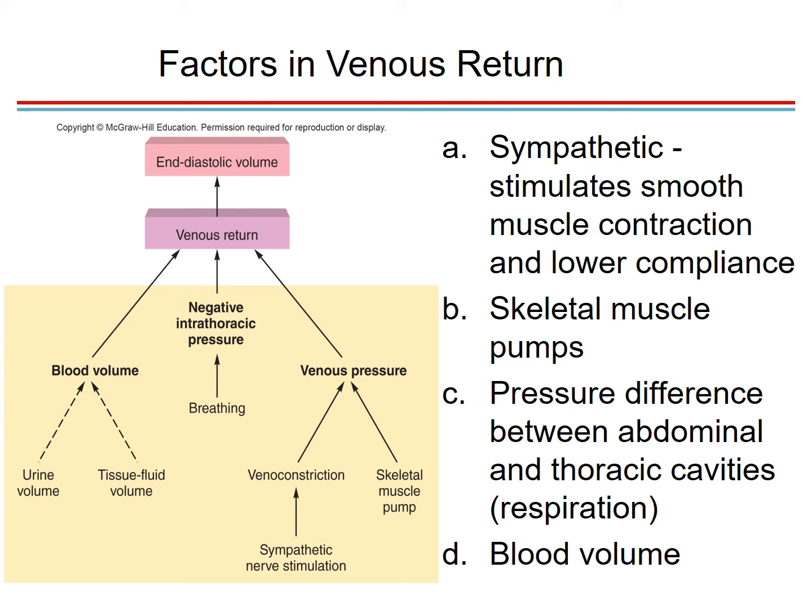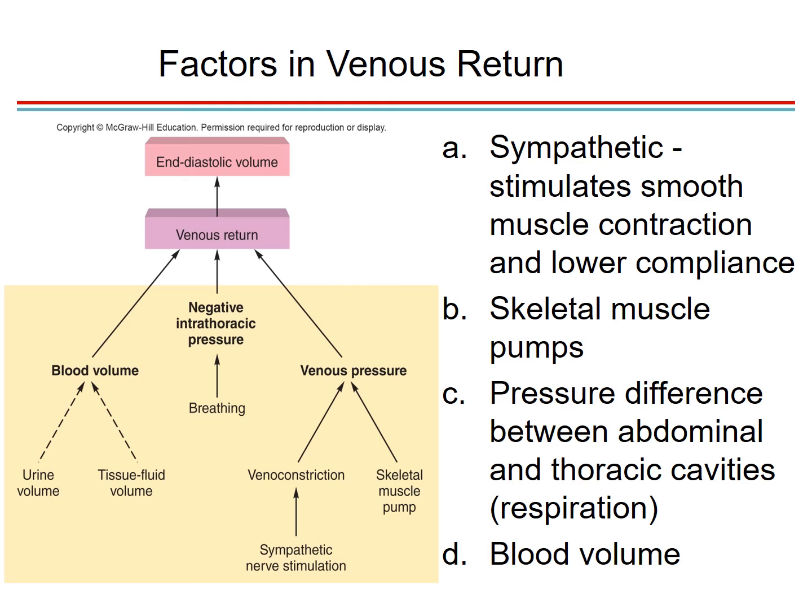Factors that influence venous return. So first thing, sympathetic system. And so this is going to stimulate smooth muscle contractions and allow for a lower compliance. So the highest venous pressure that we have is in the venules, and so this is at about 10 millimeters of mercury, and the lowest is going to be at the junction of the vena cavas with the right atrium at about 0 millimeters of mercury.